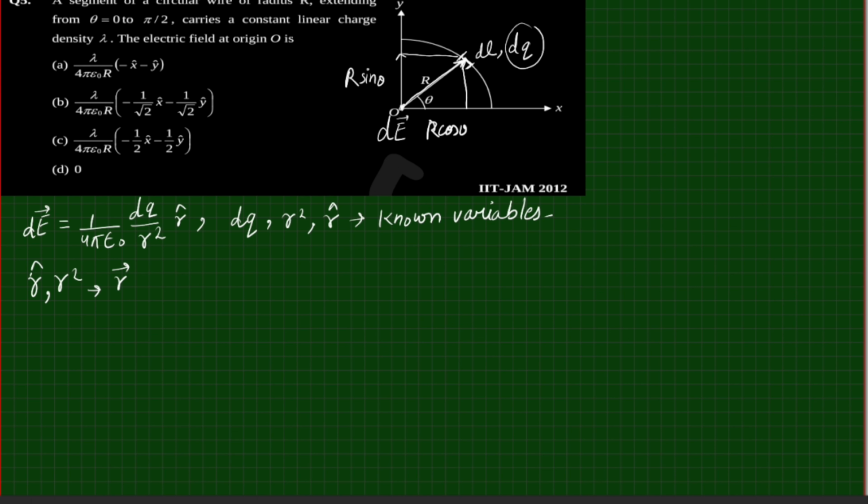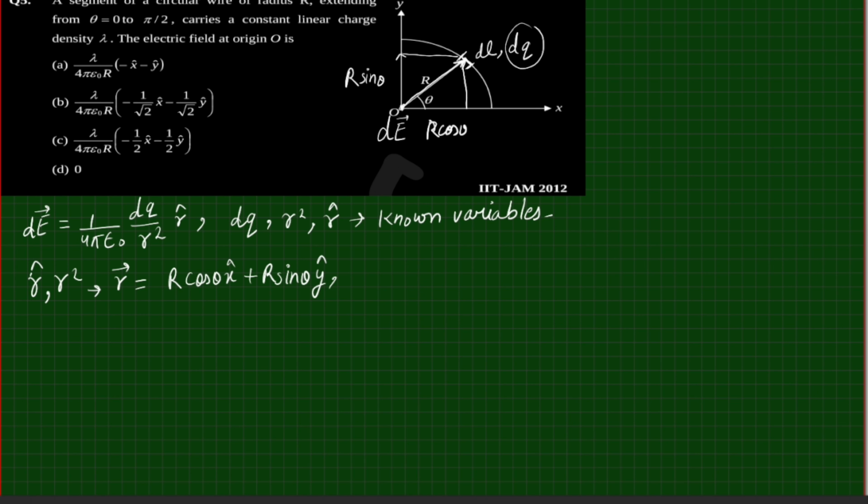Okay, and r vector can be written like r cos theta x cap plus r sin theta y cap. This can be written like this.